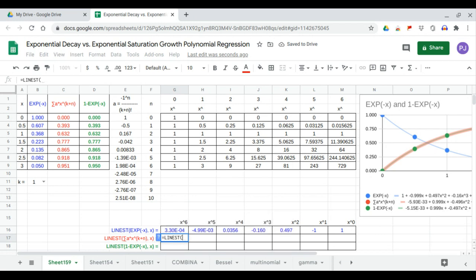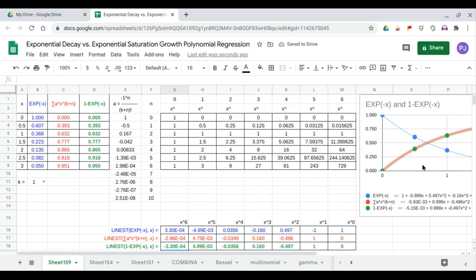So Linus, data y, and data x. And the saturation growth. So Linus, data y, and data x.